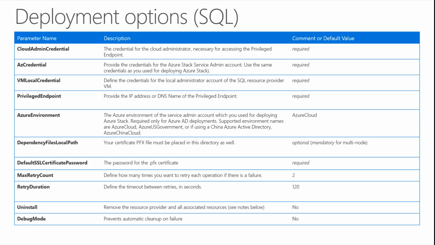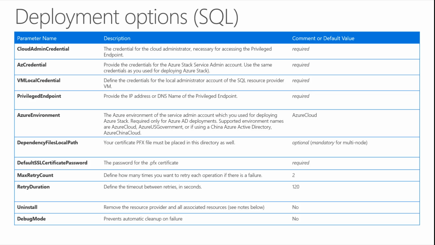Max retry count, again, is how many times you want to rerun the operation if there's a failure, and a timeout between retries. The uninstall, that's the option. As I mentioned when we showed the sample script, you can run the command to run that script and do an uninstall. If for any reason there are any problems or issues, I've done several of these.